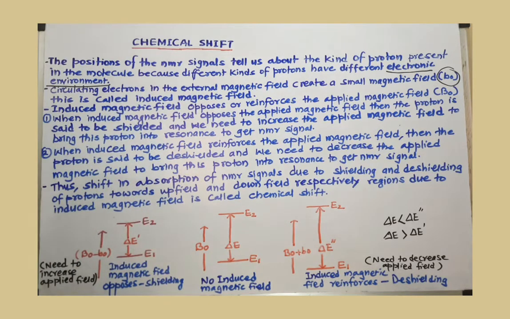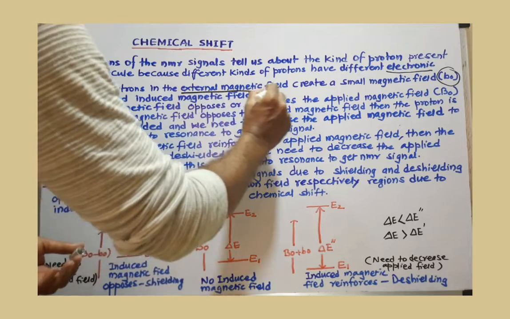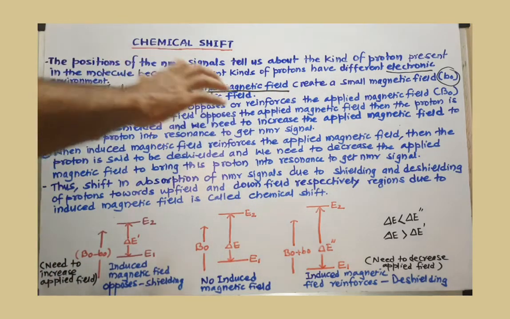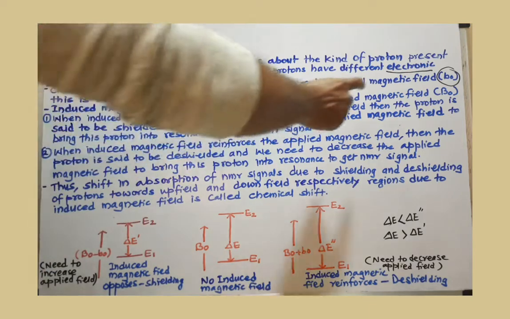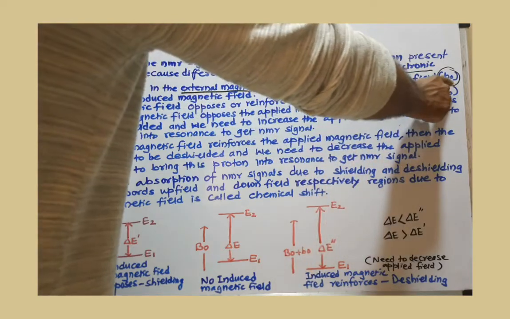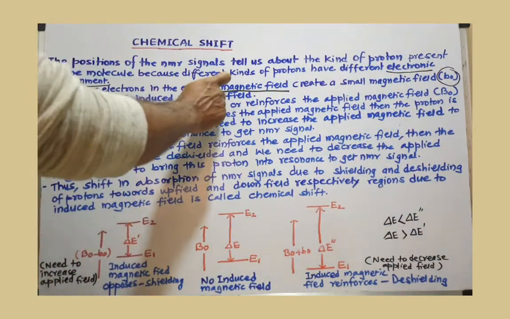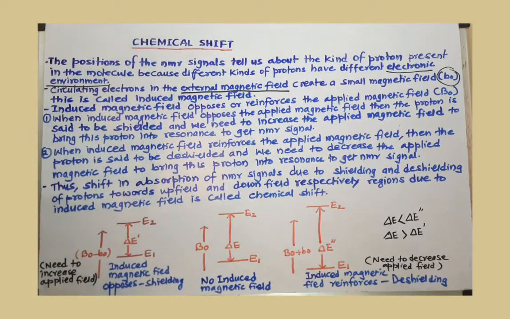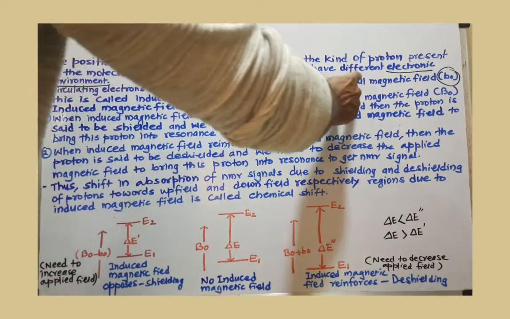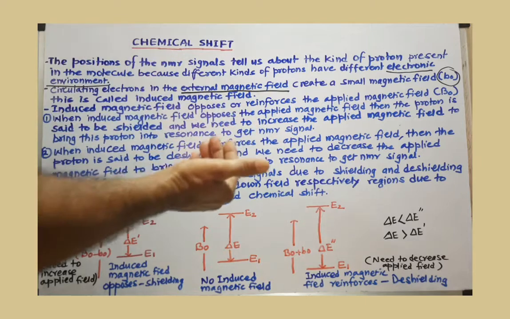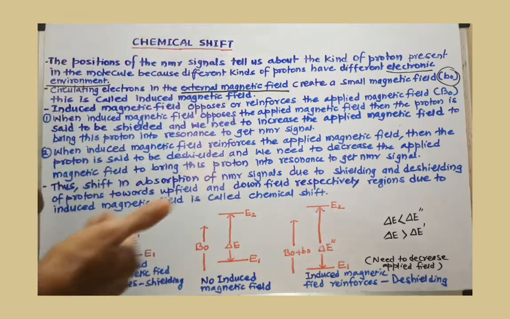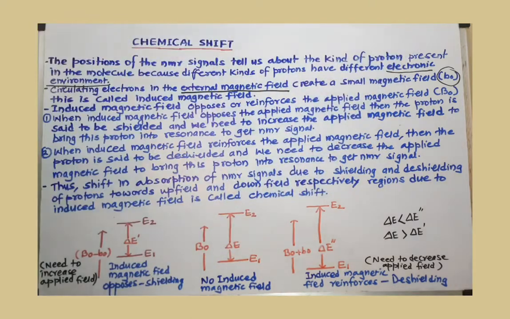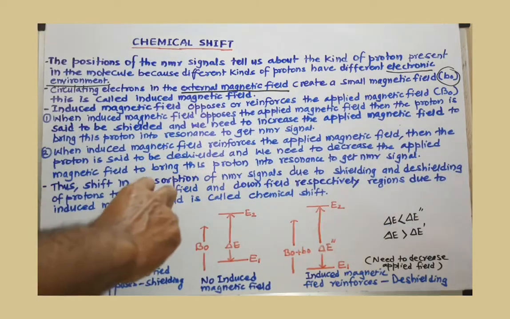This is the induced magnetic field because of the external magnetic field. So we have the external magnetic field B0 applied to the molecule in the instrument, and the circulating intervening electrons generate a magnetic field which is also very small. You understand the induced magnetic field. Now this induced magnetic field can act in two ways.